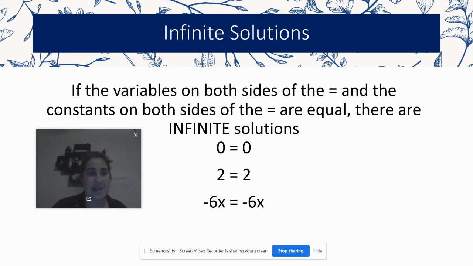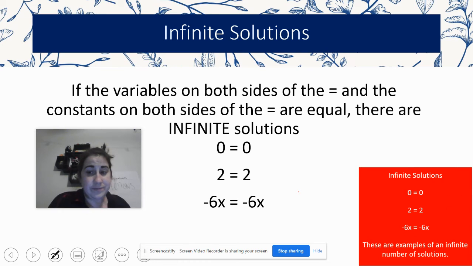If the variables on both sides of the equal sign and the constants on both sides of the equal sign are equal or the same, there are infinite solutions. So there are lots of different solutions. Just make sure you know that you didn't mess up. That is correct, even though it looks weird. The answer to this is that there are infinite solutions.